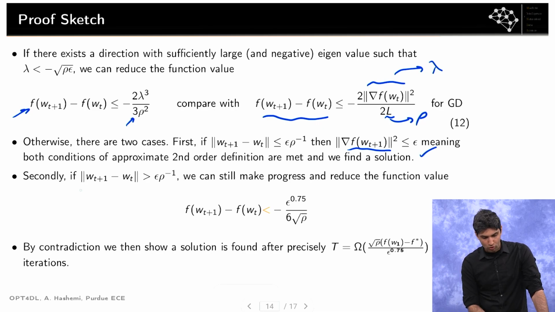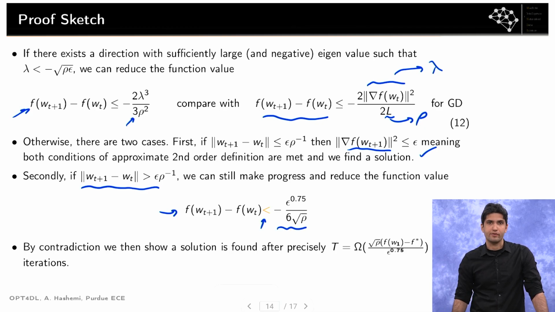On the other hand, if the norm of the update is not small, then what we can show is that we can still make progress. So if the norm of the update is not small, we have not converged yet, and we can still make progress, such that crucially, the amount of progress that we are making is strictly less than some, let's say, negative number.